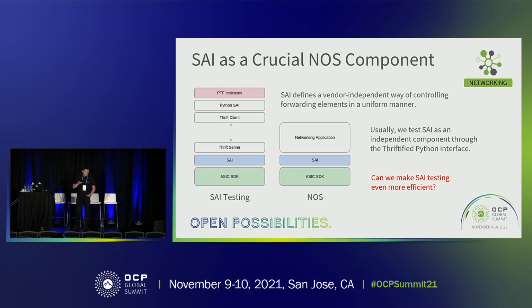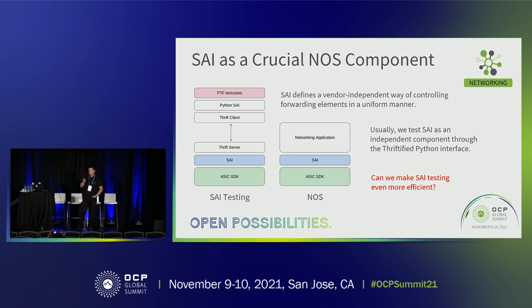And one of such crucial components is SAI, which is basically the contract between ASIC vendors and applications and community. And usually we test SAI with a so-called Thrift-based interface, where the Thrift server becomes a driver for the SAI library.